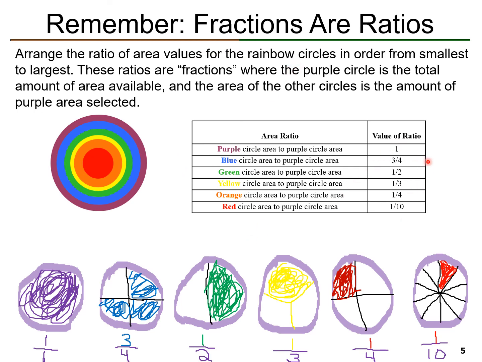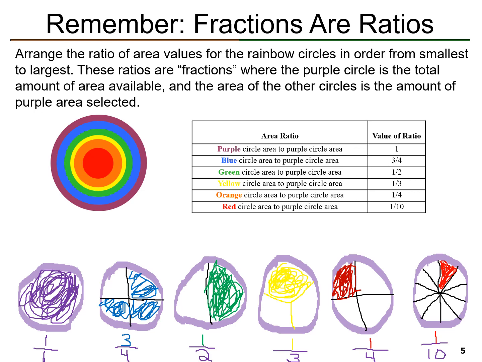If I look at this table here, they are already arranged in order, but they are arranged from largest to smallest. So we see that this shaded area is larger than this shaded area. And these 3 pieces of blue is larger than this 1/2 of shaded green, which is larger than this 1/3 of yellow, which is larger than this 1/4 of orange, which is larger than this 1/10 of green.